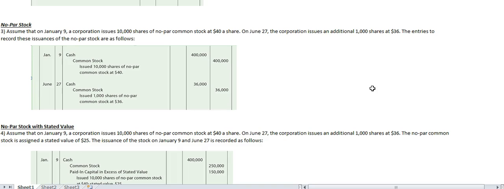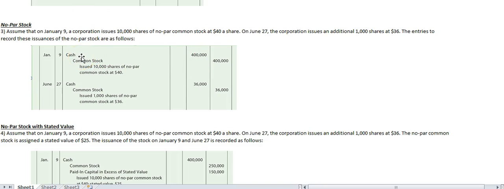Well, if you look at this, 10,000 shares were sold here and 1,000 shares here, and they're sold at different prices. But since this is a no par stock, we are not going to have any paid in capital in excess of par. In the first case, 10,000 times 40 is $400,000.